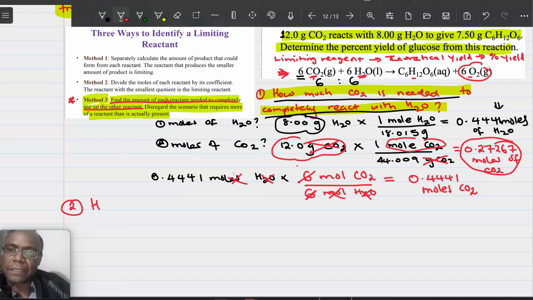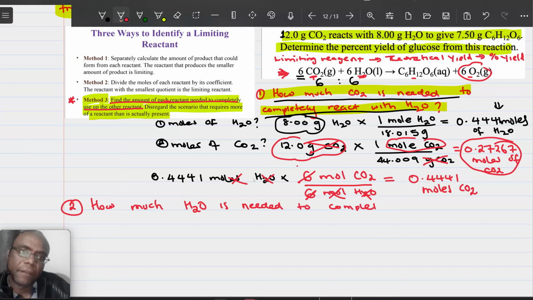Test 2, we are going to ask ourselves a similar question. How much water is needed to completely react with CO2? All we are doing is to find who is the limiting reagent before we can find the theoretical yield. Okay?